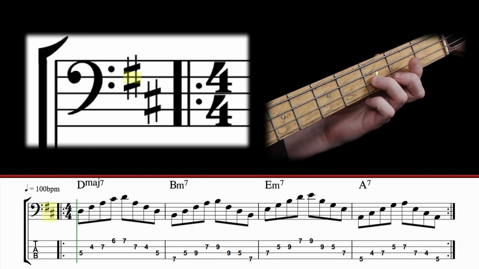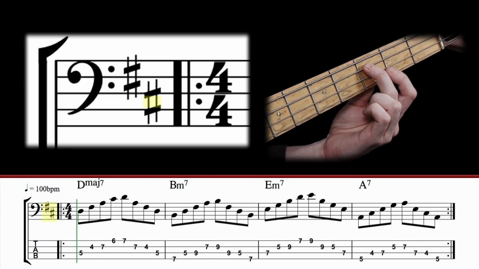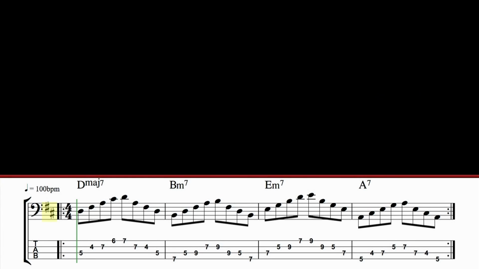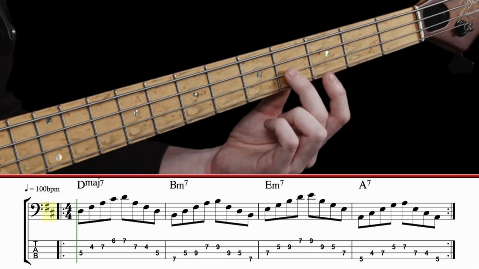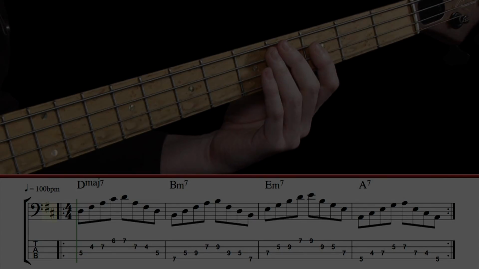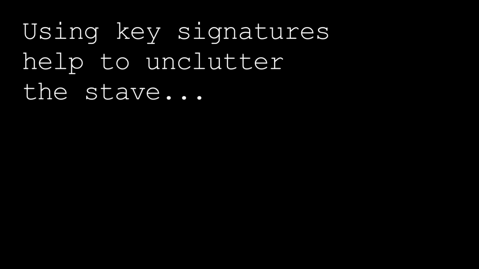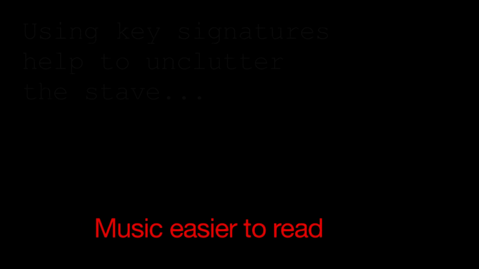This one on the line where you'd find the note of F, and this one in the space where you'd find the note of C. Basically, they tell the musician to sharpen every F and C that they encounter. Using key signatures helps to unclutter the stave and in turn make the music easier to read.